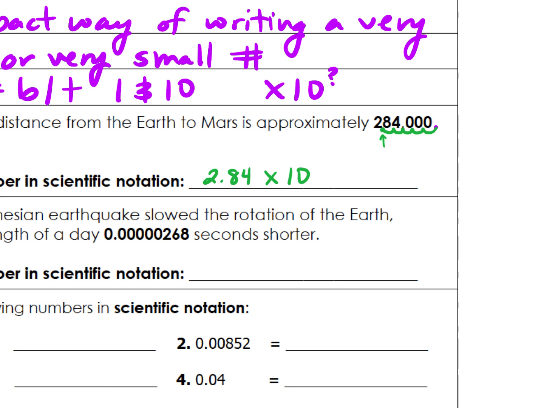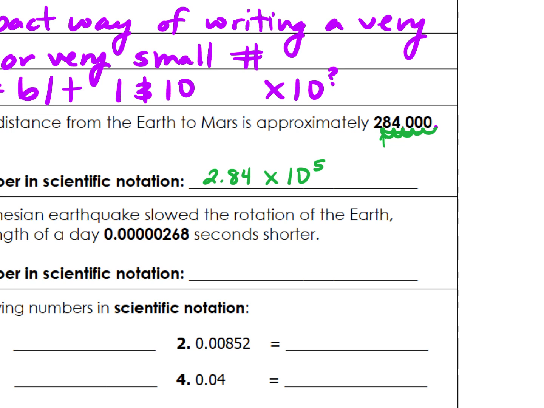Okay? Now, let's think about this. If I were going to make 2.84 a much larger number, like 284,000, do I want my exponent to be a positive number or a negative number? Positive. A positive number. 10 to some power. I'm multiplying this by 10 to the 1, 2, 3, 4, 5th power. Think about what 10 to the 5th power is.